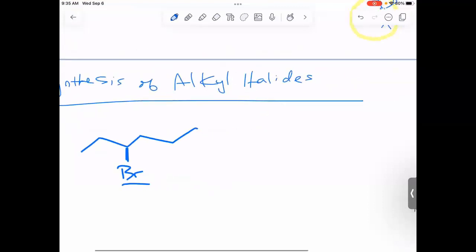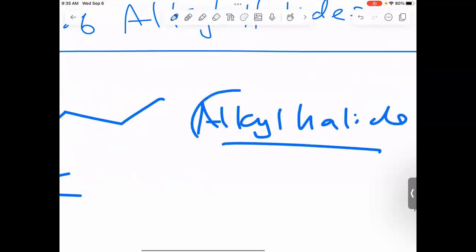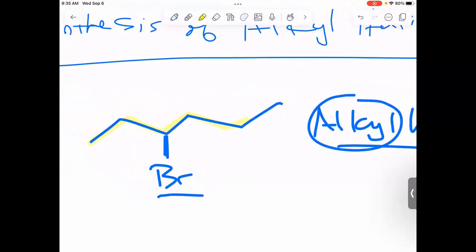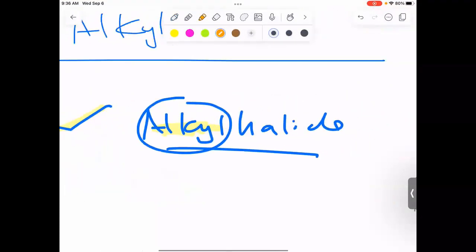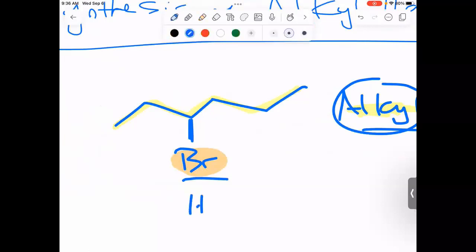This is an alkyl halide. The alkyl part is the chain, and of course the halide part is the halogen. So you have an alkyl portion and a halogen portion. We call that functional group an alkyl halide.